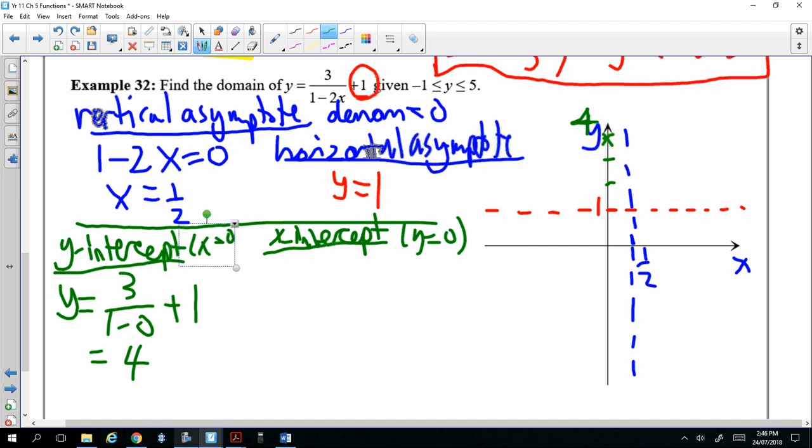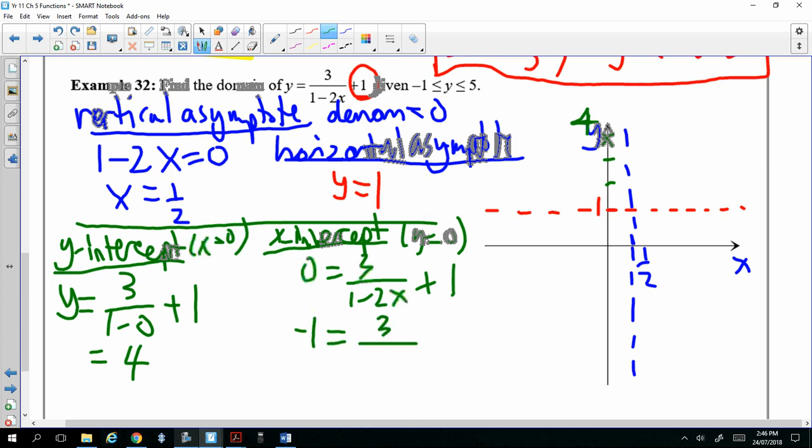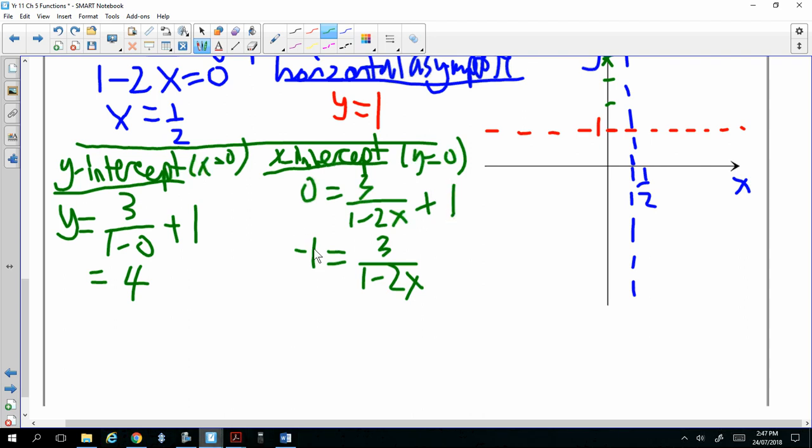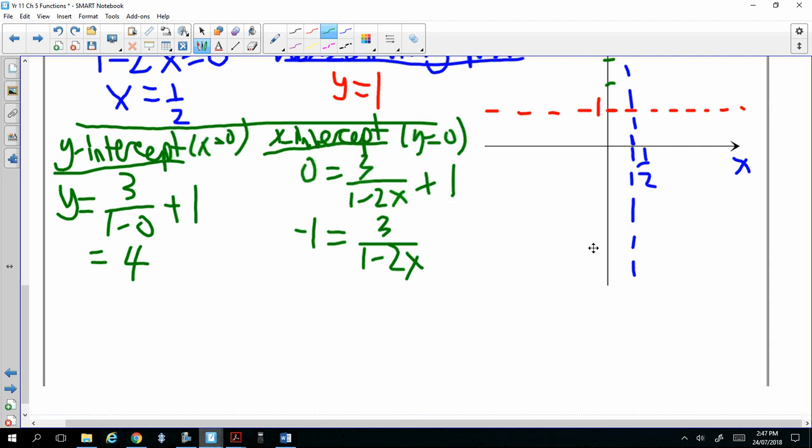Move the 1 to the left side, and then take the reciprocal of both sides. You get 1 over negative 1 equals 1 minus 2x over 3. Then multiply both sides by 3.